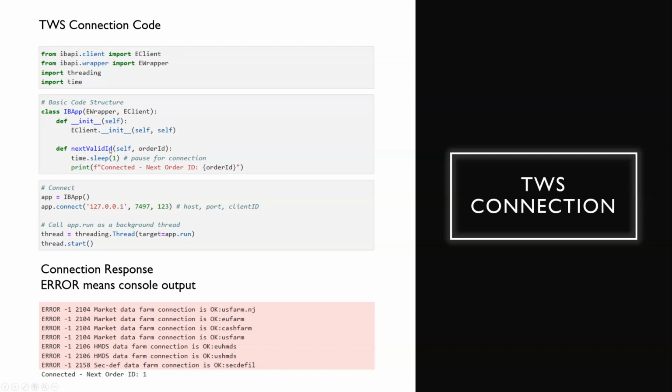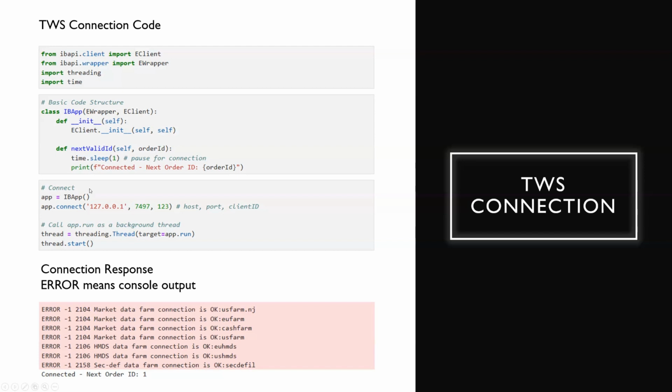So if you have a next valid ID, then you definitely have a connection, because this is always called 100% of the time. And so rather than checking for connections, people normally just ask for the next valid ID. What we've put down here is we've overwritten this nextValidId method, which is fine. We ask it to pause for 1 second, print this message that I'm connected, and give us the next order ID. This is a very common way of checking for a connection.